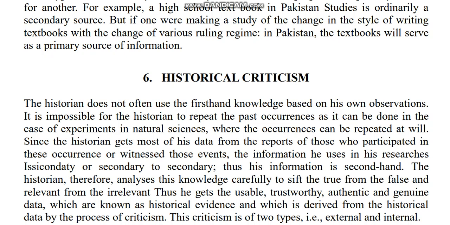Since the historian gets most of the data from the reports of those who participated in these occurrences or witnessed those events, the information he uses in his researches is secondary or secondary to secondary. Thus, the information he uses in his researches is second-hand.